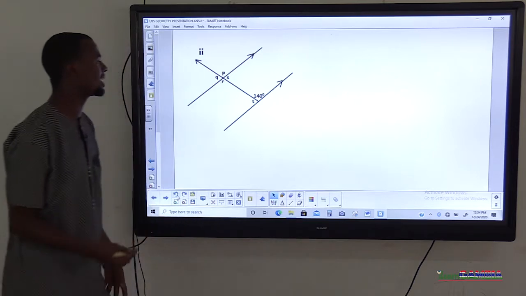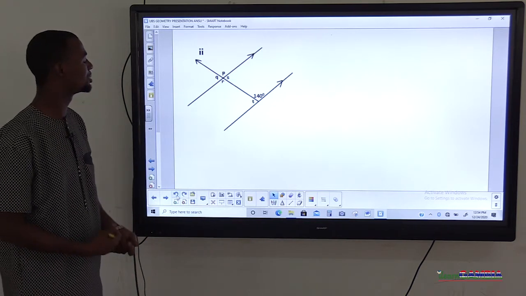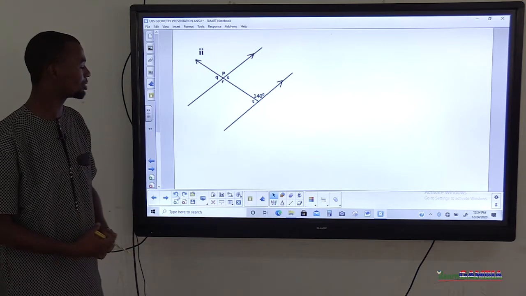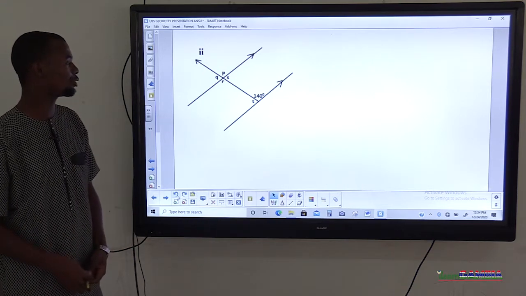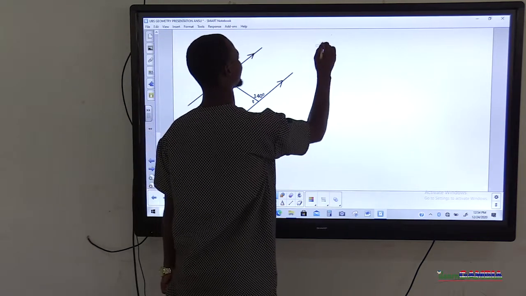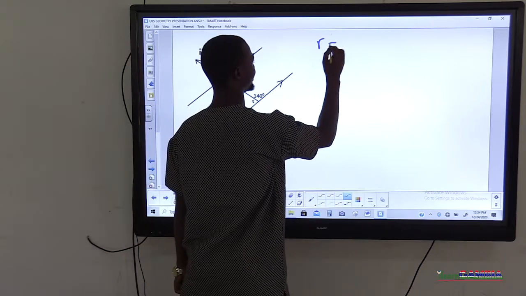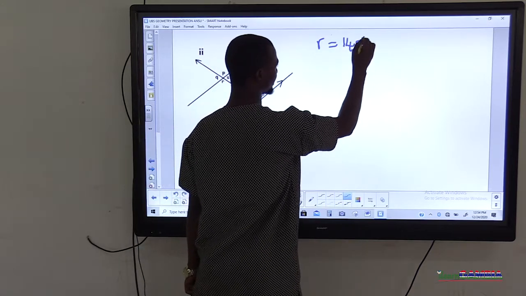We can find R first, we can find S first, we can find P first. Let's say we find R first. R and 140. We said R is equal to 140 degrees.